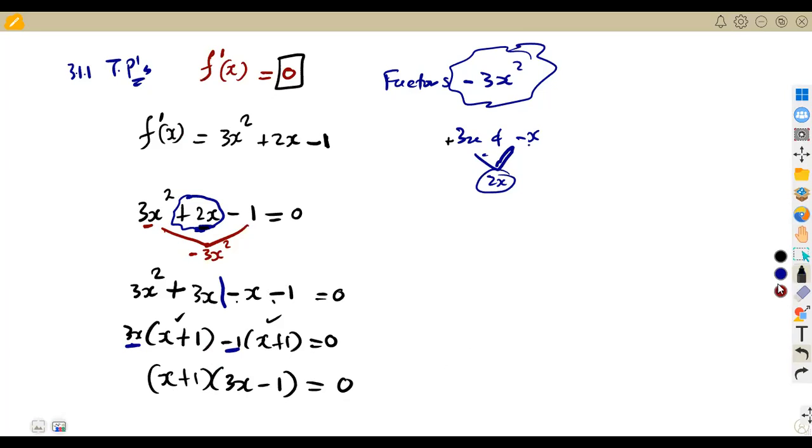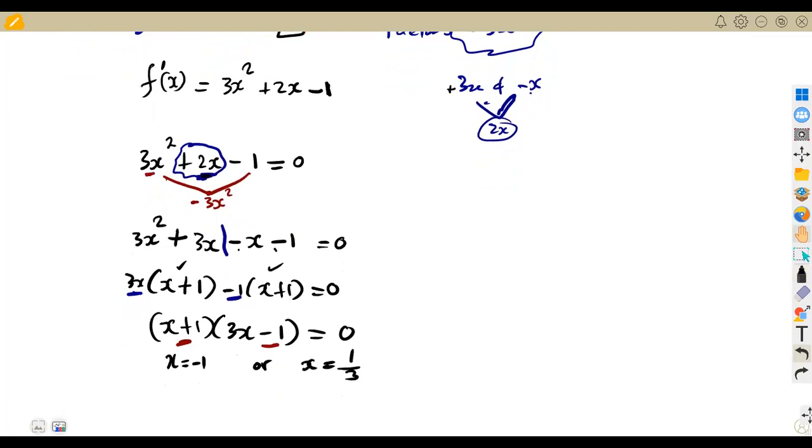So obtaining our values of x from each bracket, we are going to have x being equal to negative 1, or from this bracket, x is going to be equal to 1 over 3. So these are the values of x that we have at the turning points. So we've got the first value of x and the second value of x at the turning points.